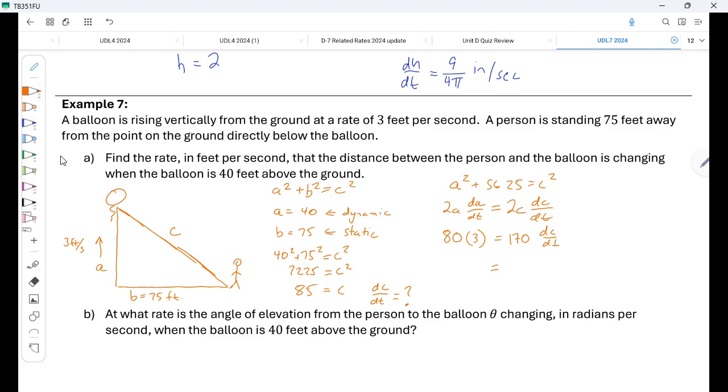So doing some quick math, it sure feels like 240 over 170, which can simplify to 24/17. So 24/17, our units are feet, and it's per second. Cool.